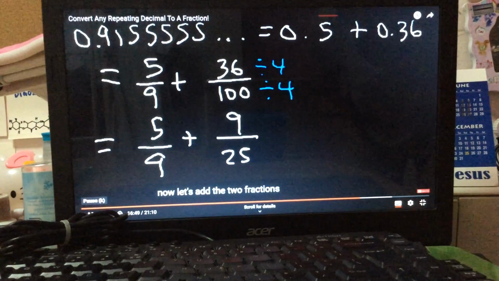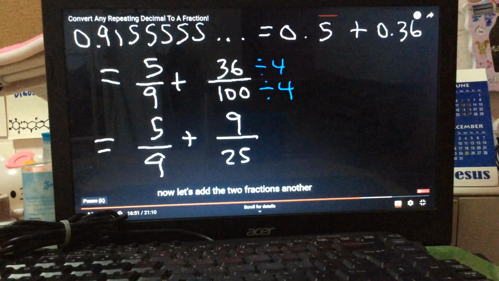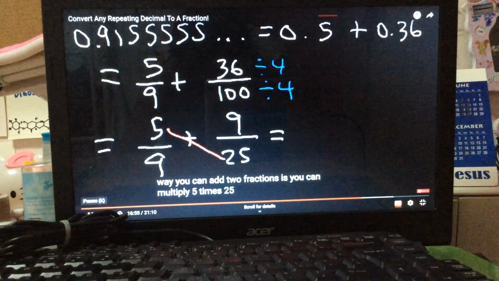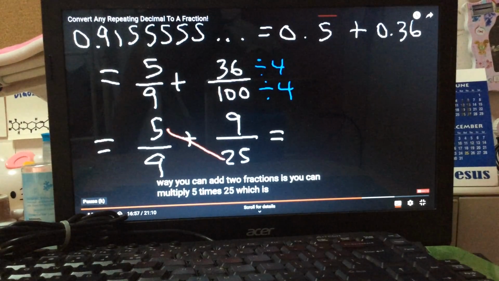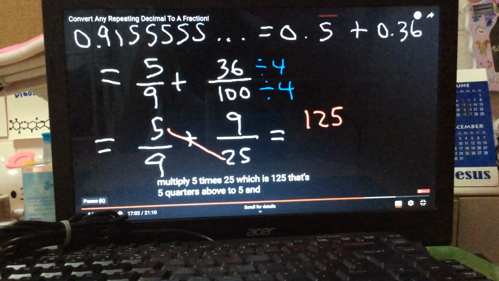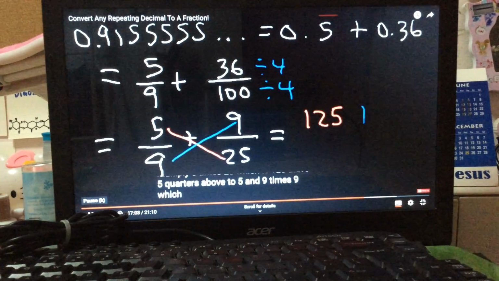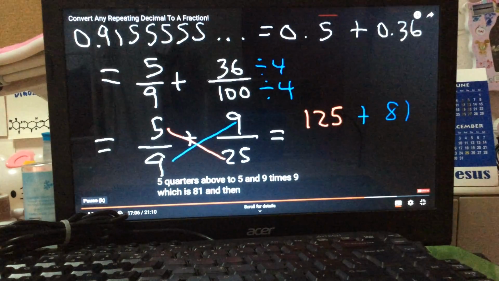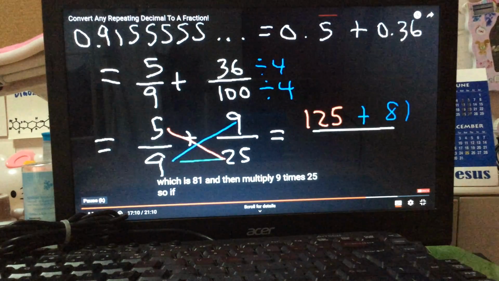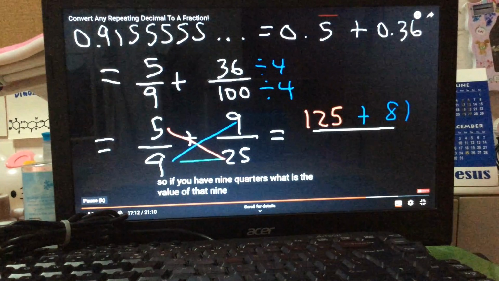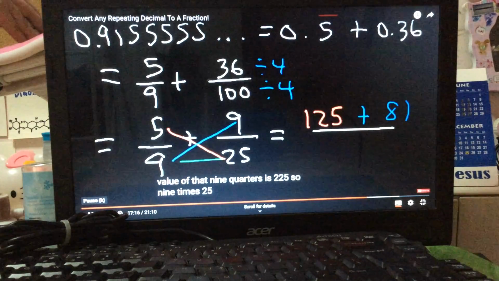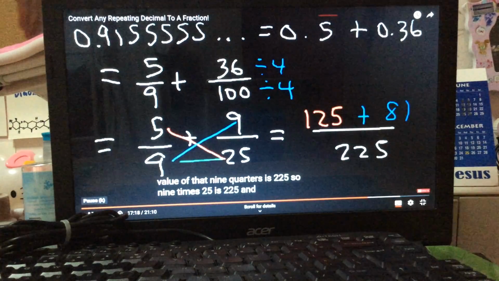Now let's add the two fractions. Another way you can add two fractions is you can multiply 5 times 25, which is 125, and 9 times 9, which is 81, and then multiply 9 times 25. 9 times 25 is 225.